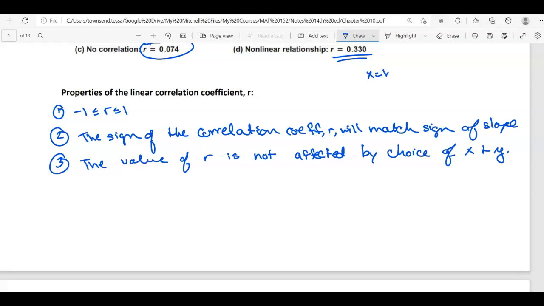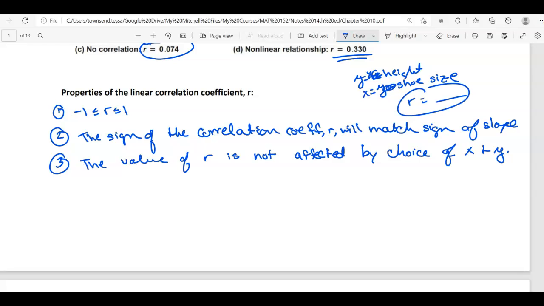If we let X be the height and we let Y be shoe size, we'll get some R value. If we flip that so that we make this Y and this X, R will still be the same.